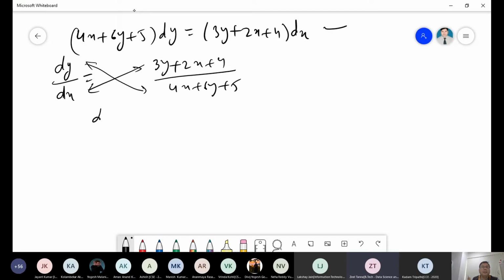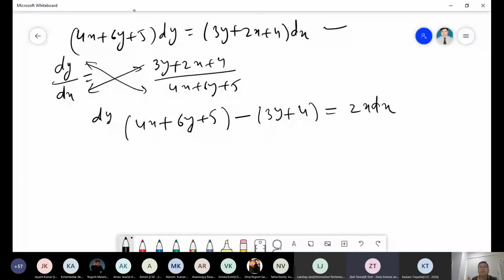Suppose I'm writing dy by dx into (4x + 6y + 5), and then minus (3y + 4), equal to 2x, dx is also there. Is it okay or not?